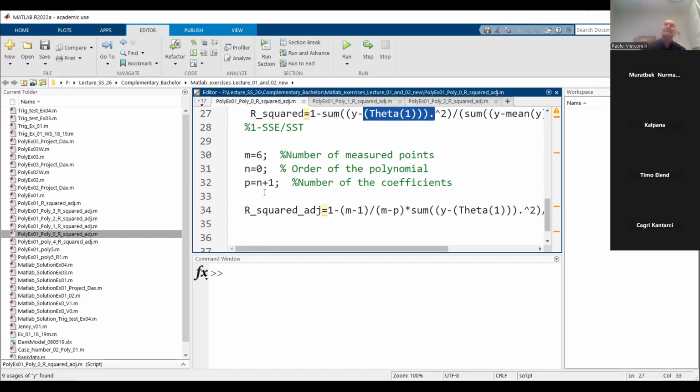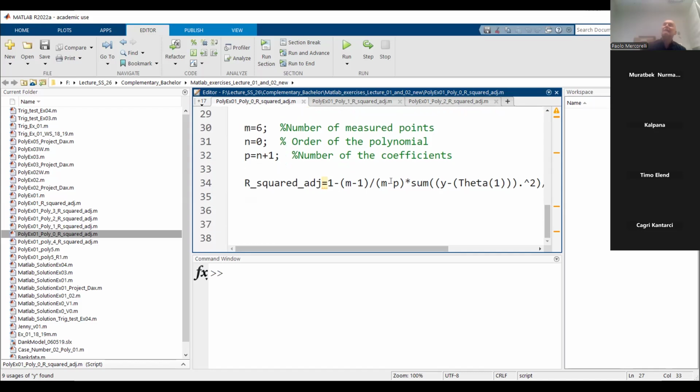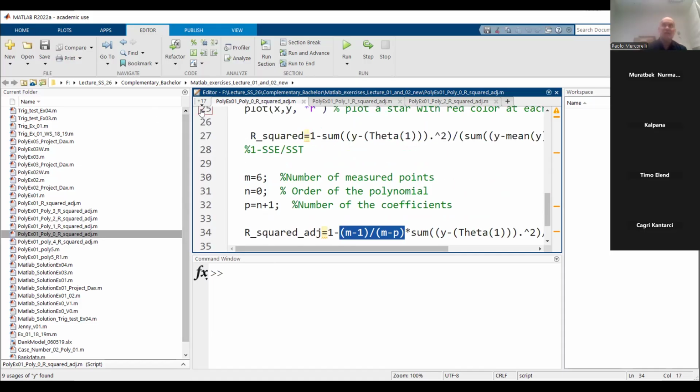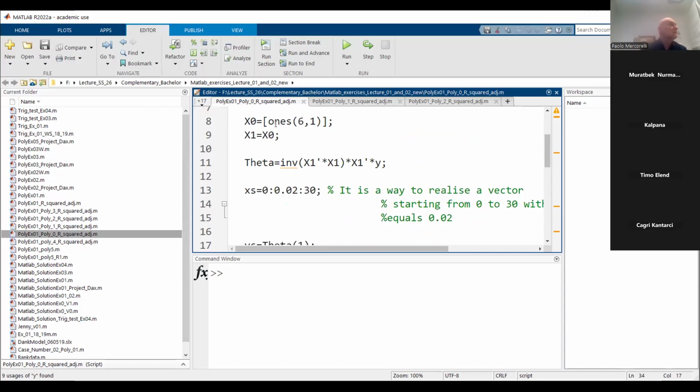Putting m equals 6, n equals 0, just to know, p is n plus 1, I can modify R squared, just copying R squared and putting this element before SSE divided by SST, and I have my R squared adjusted. It's clear, no? Because it's polynomial order 0. Let me run.